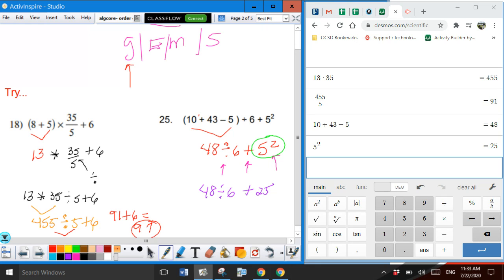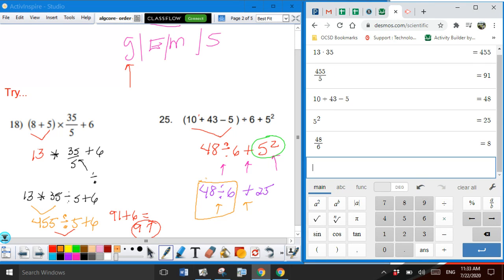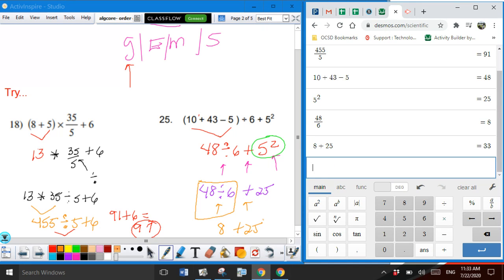Okay, so now I have either division or addition. So I'm going to start with division. 48 divided by 6 is going to give me 8. 8 plus 25, that one's easy. That is 33. And I solved my problem.